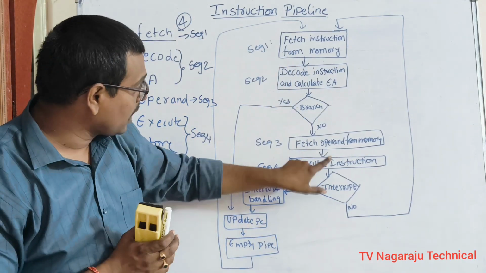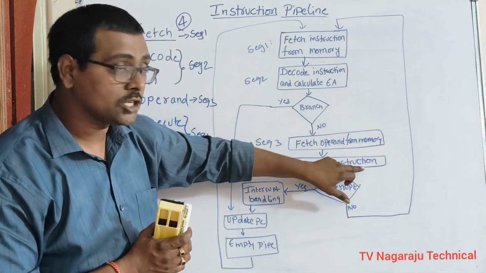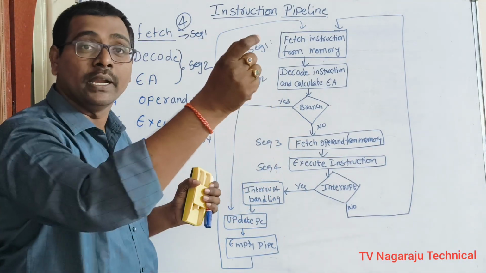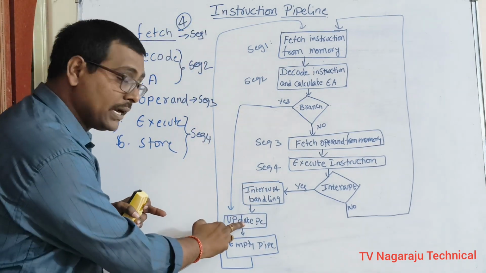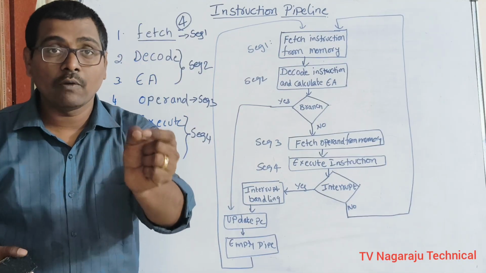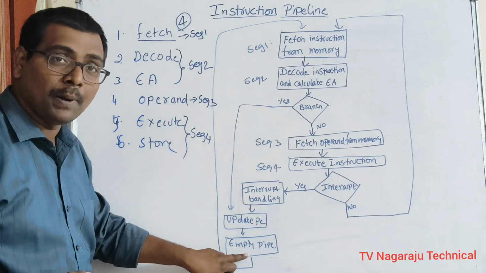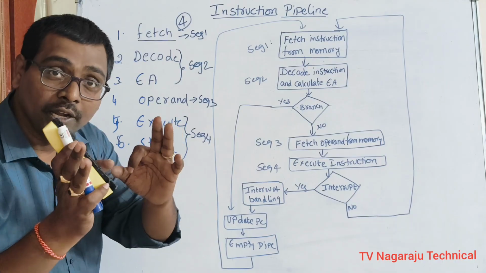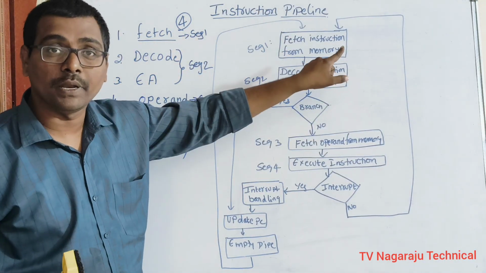At any point of time, if we have an interrupt after completion of the steps, obviously we move to the interrupt handler, that is execute the interrupt service routine and then update the program counter. We know why we need to update it: the address in the program counter is the one to be executed, and then the pipe is emptied. After handling the interrupt service routine, come back and do the same process repeatedly.